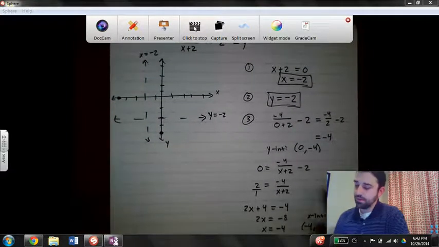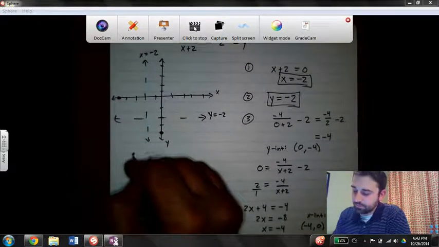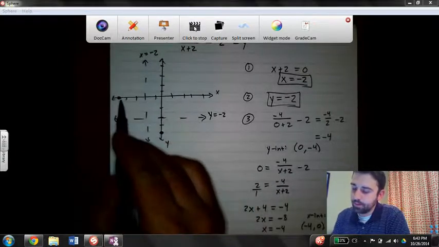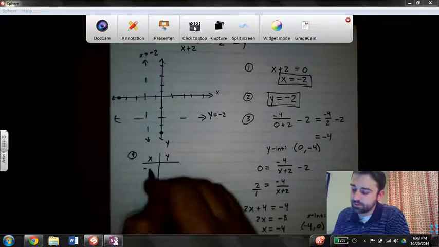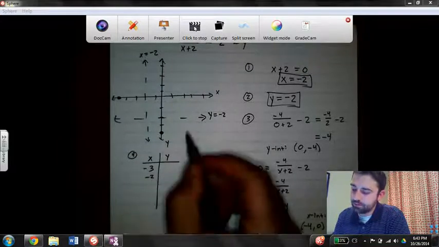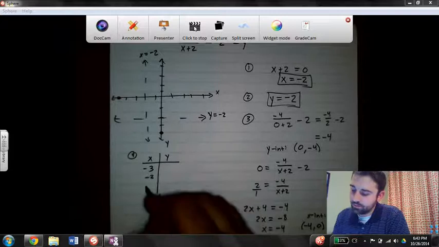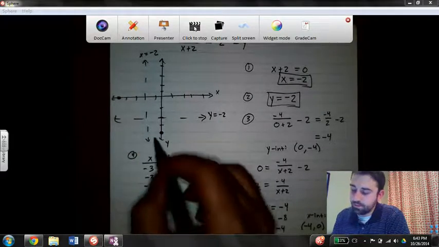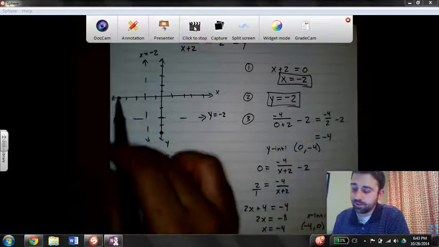And then using those, I'm going to make a table of values. I'm going to find the values at -3 and -2, and at -1 and 1. I'm picking these x values arbitrarily based off of the intercepts.